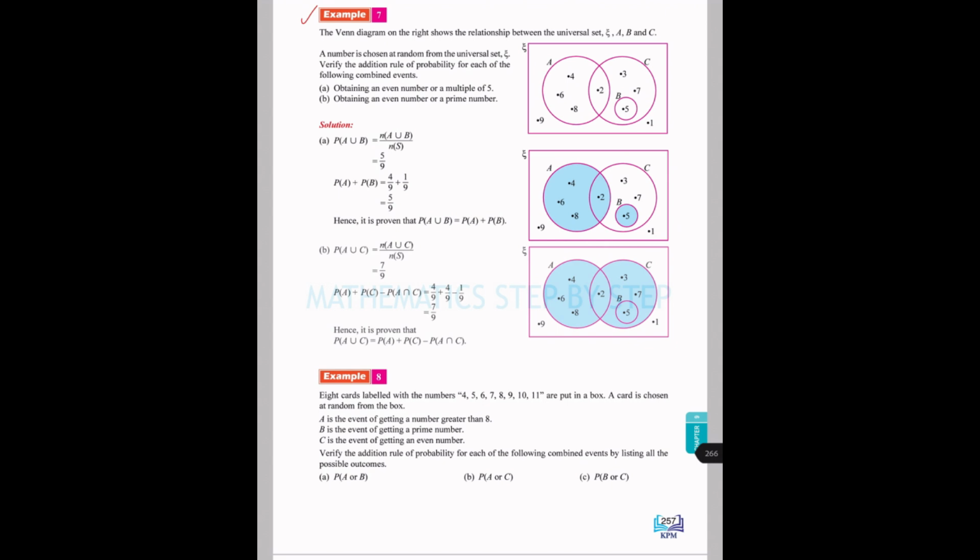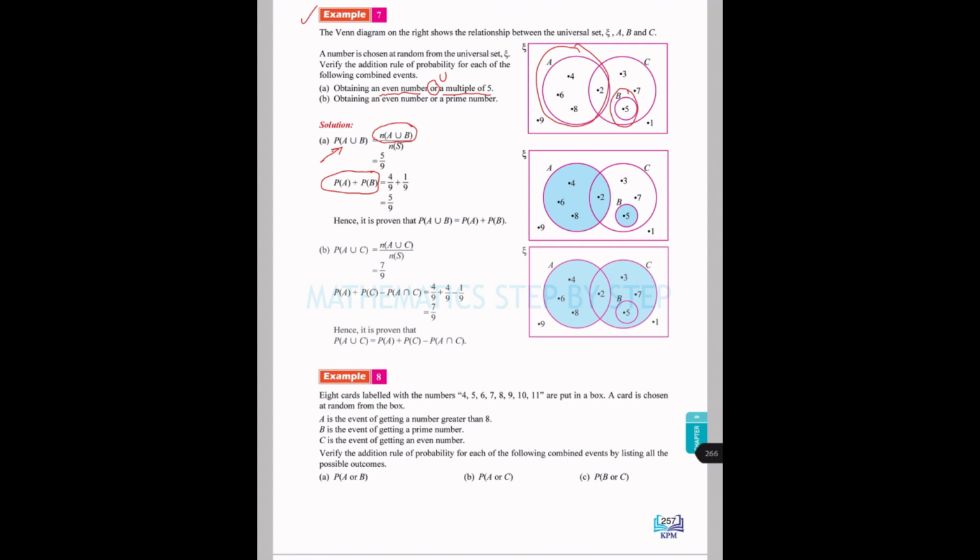So we know these two events are mutually exclusive, so the intersection of the two events is equal to 0. That's why we apply this formula. First of all, let's check the probability of getting A union B, or, that's why it is union, which equals the number of elements in the set A union B. A is here, B is here.